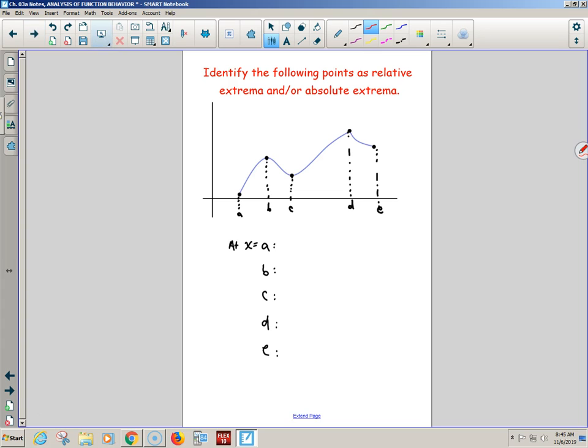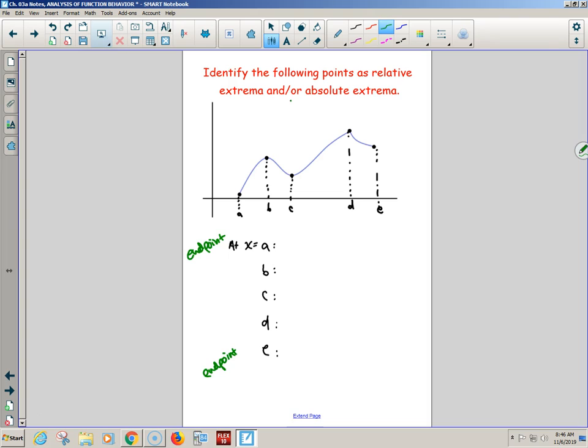Okay, so, question. First of all, at A, he's an endpoint. That's not calculus. He's just an endpoint. At E, he's another endpoint. This guy has been cut.